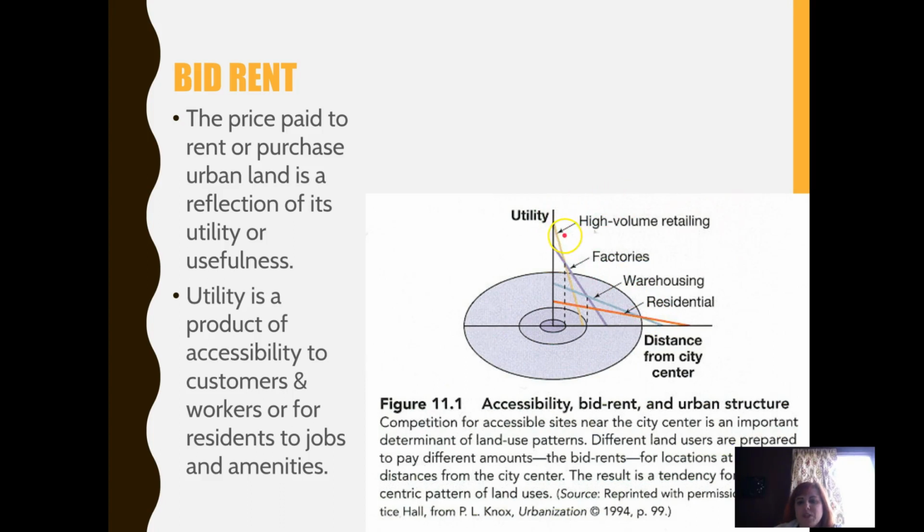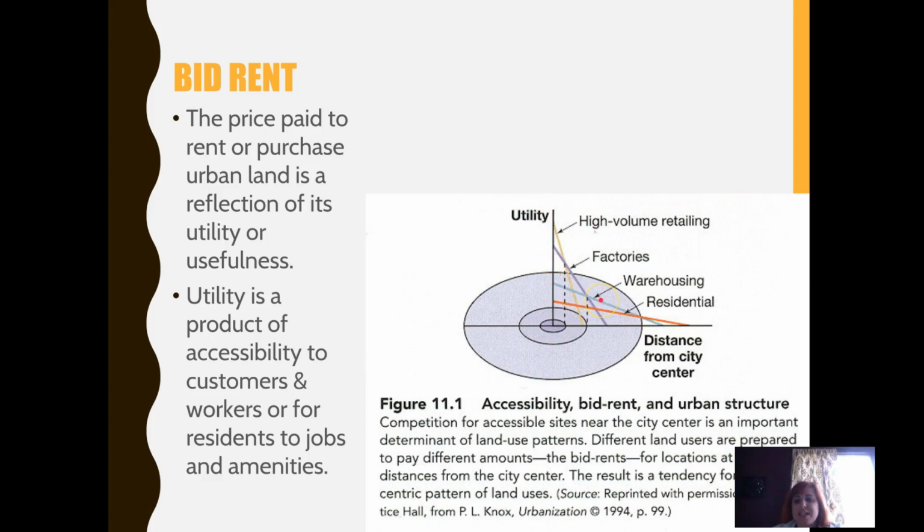High volume retail is going to be probably pretty close to the city center. Factories are a little bit further, but they're lower in utility. Accessibility to factories is not as important as accessibility to high volume retailing.